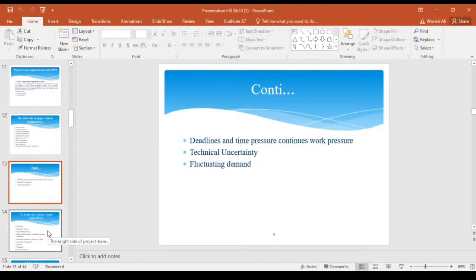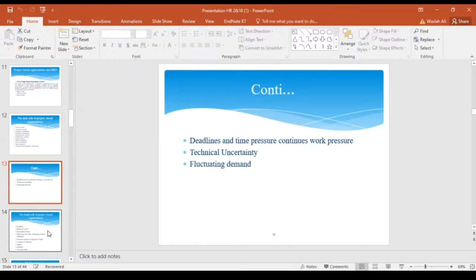Project-based organization is also highly affected by the time pressures of continuing work and technical uncertainty.